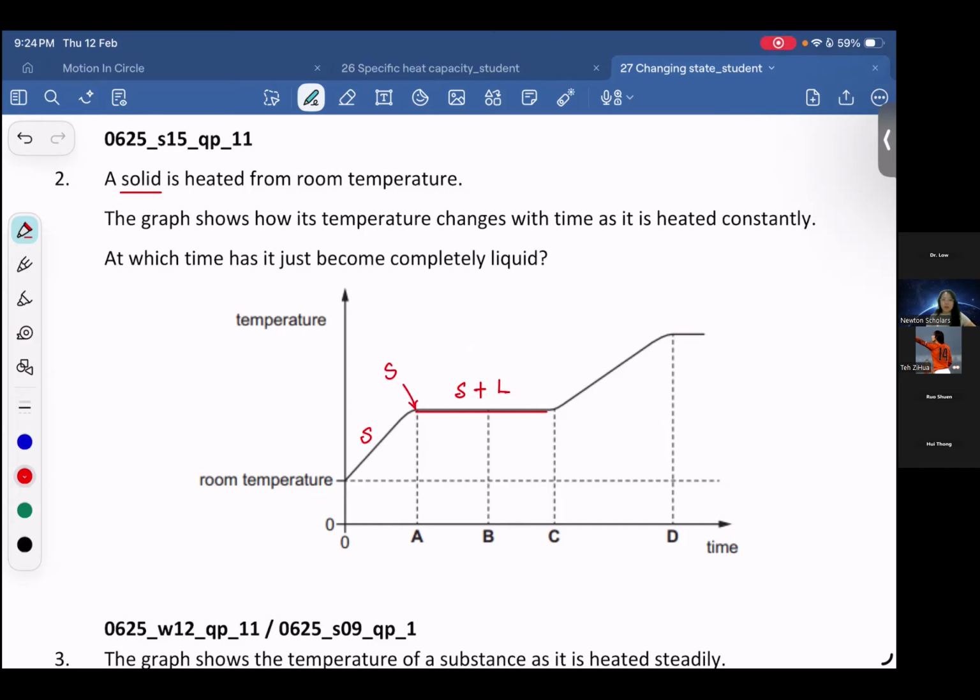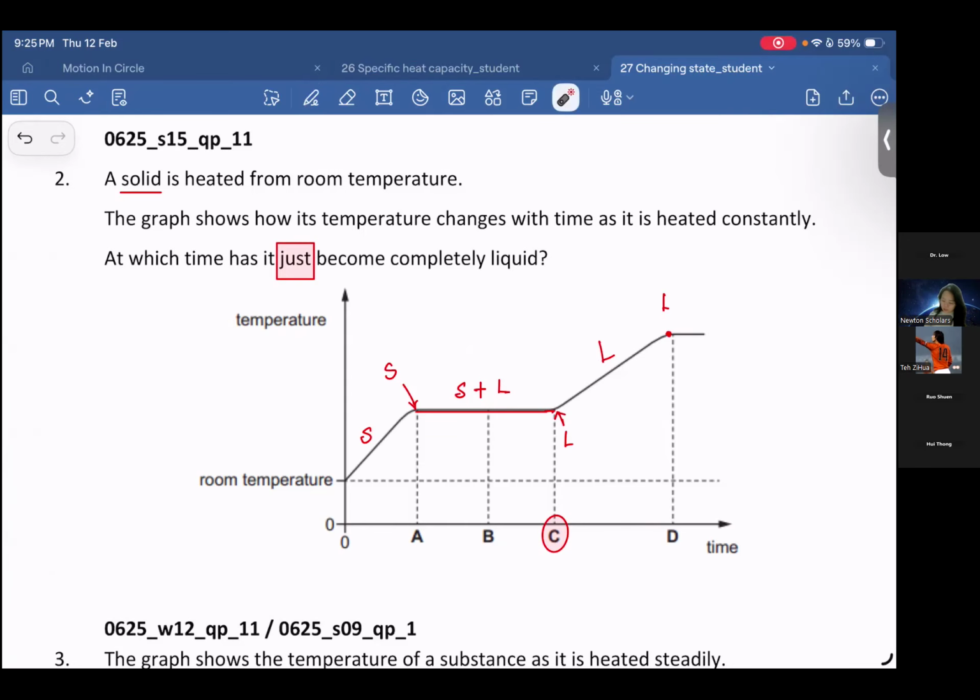Then in between, some ice becomes liquid. After that, it comes to point C here, and you see it starts to change temperature. So here it will all become liquid. All around here is liquid, until this point is still liquid, but here they say just become. Although point D is also still liquid, it says just become. So the answer should be C. Is it okay?